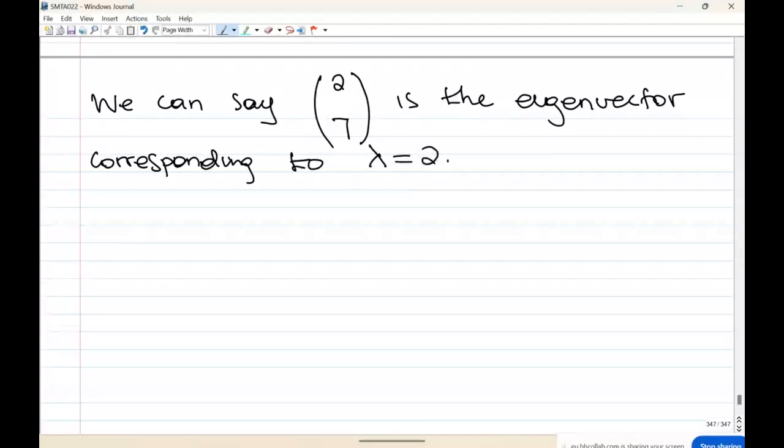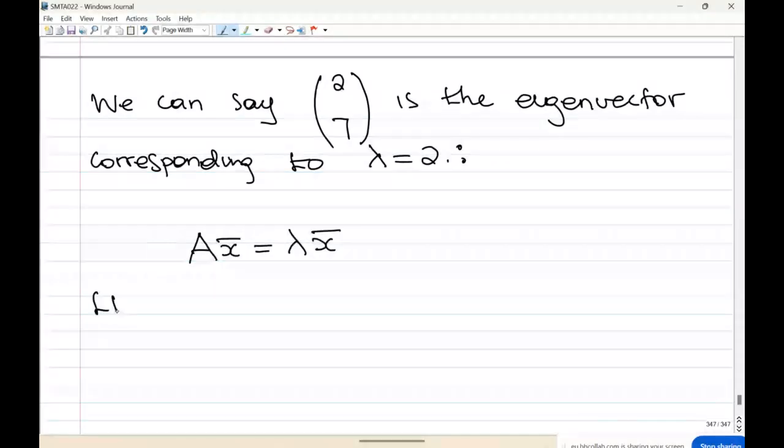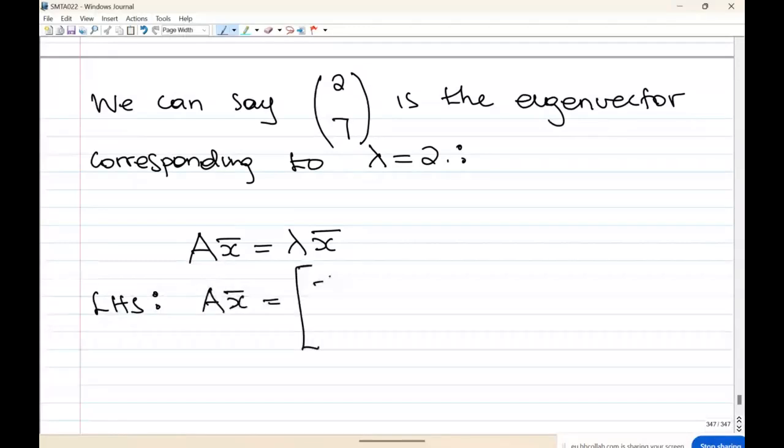Yes. So if you want to check, it's not a problem. Remember, there's somewhere where you said A of this will be equal to lambda of this. I'm right? You can take your left hand side, and your A is what? Your A is minus 5, 2, minus 7, 4.